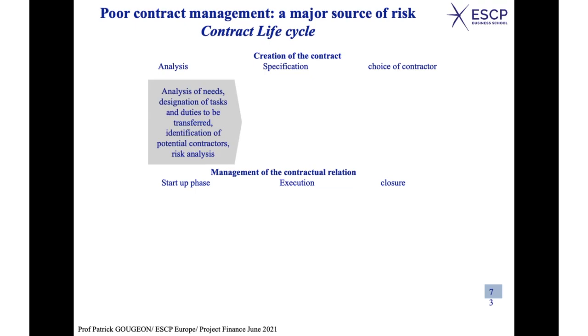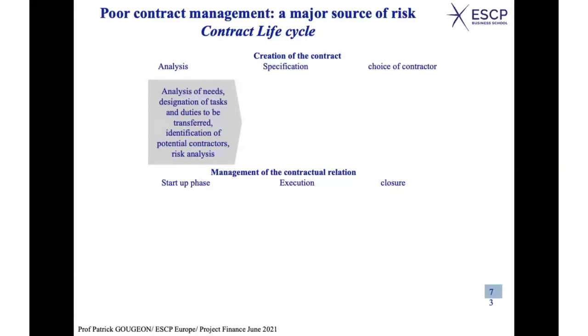You need to analyze the exact needs of the project company. What are the tasks and duties you expect from the assets outside, which can be transferred outside the project company? And who are the potential contractors? What are the risks if you transfer the activity outside in comparison with doing it yourself inside the company?